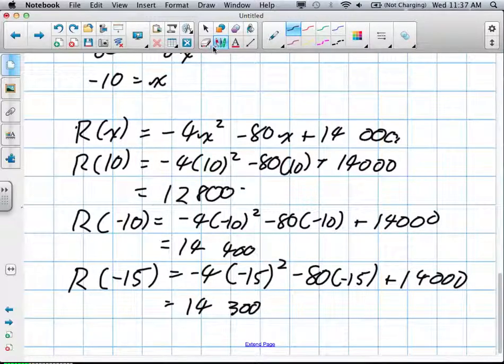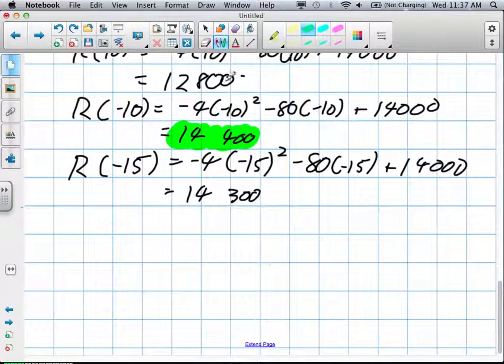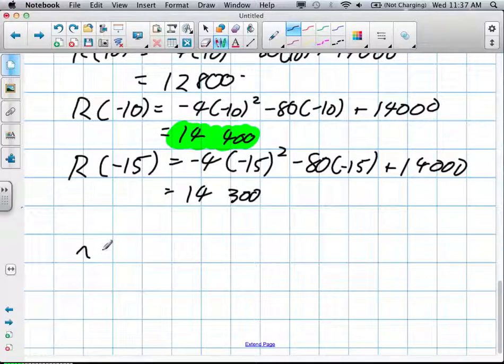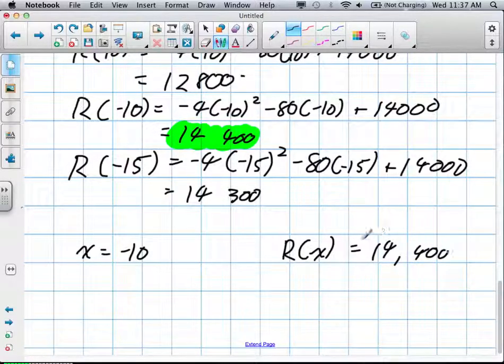So again, it just so happens that our turning point of negative 10 gives us a max revenue. Okay? So if that's our max revenue, they're saying we need x to be negative 10. Our r of x when x is negative 10 will be $14,400.